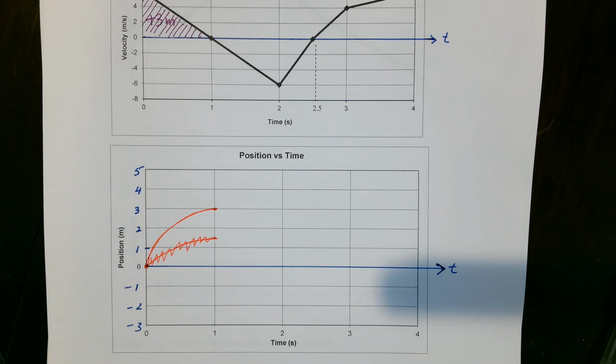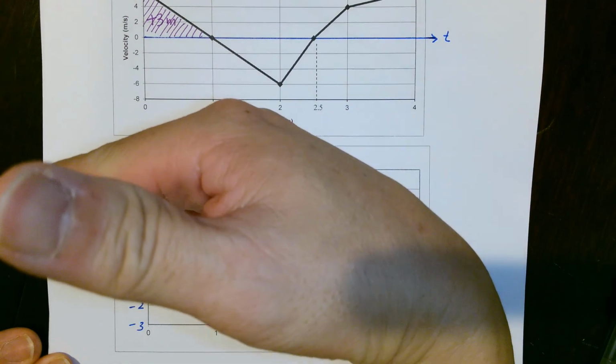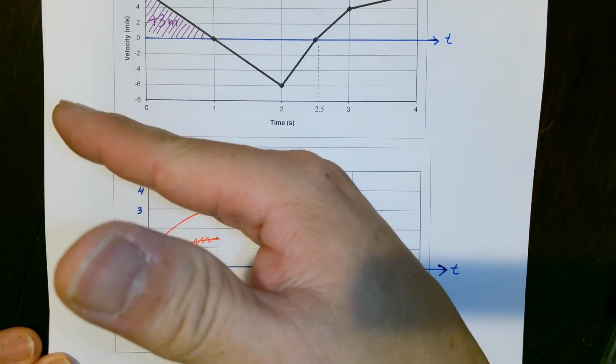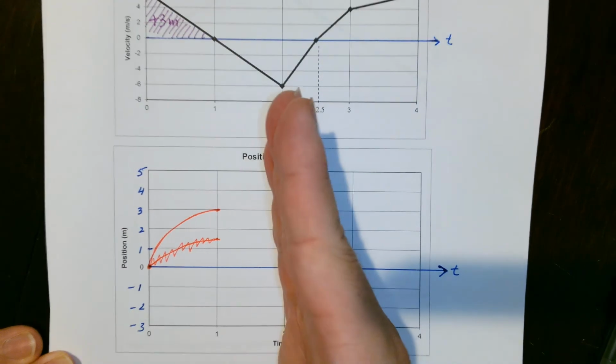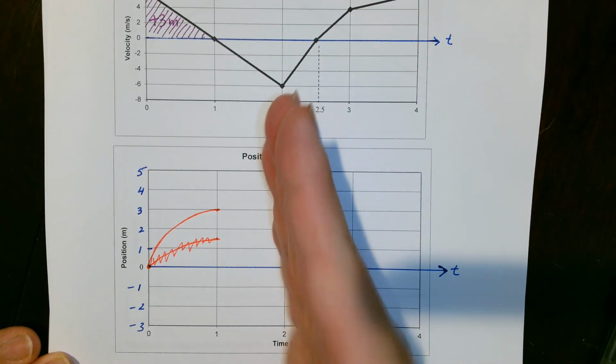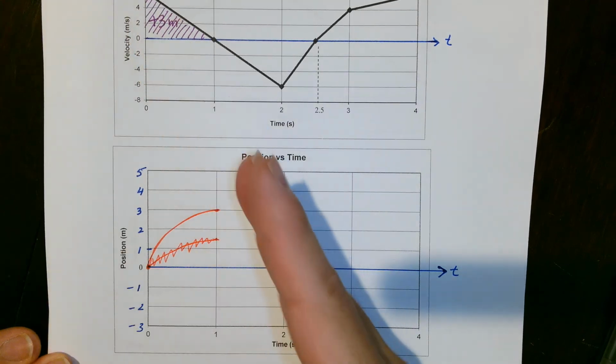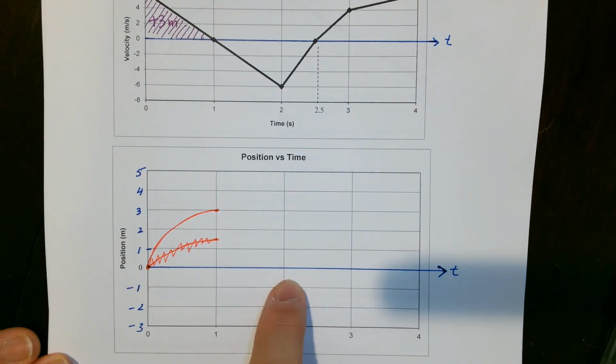Is it speeding up? Speeding up. It's definitely speeding up going backwards. Correct. Matter of fact, it speeds up from 0 to 6 meters per second in the negative x direction. So the slope value should be 0, and then you should get negative, bigger negative, bigger negative, and so on, right? To negative 6 eventually at 2 seconds, right?